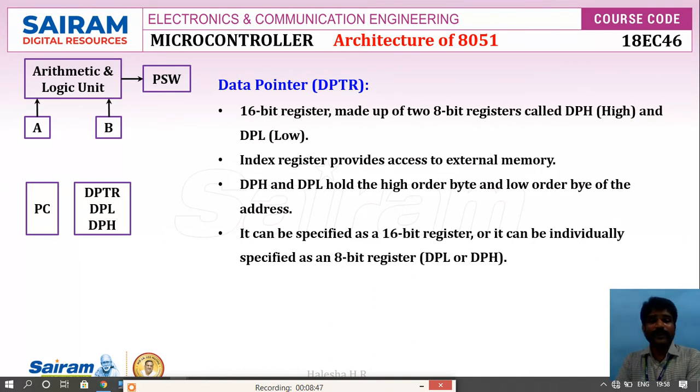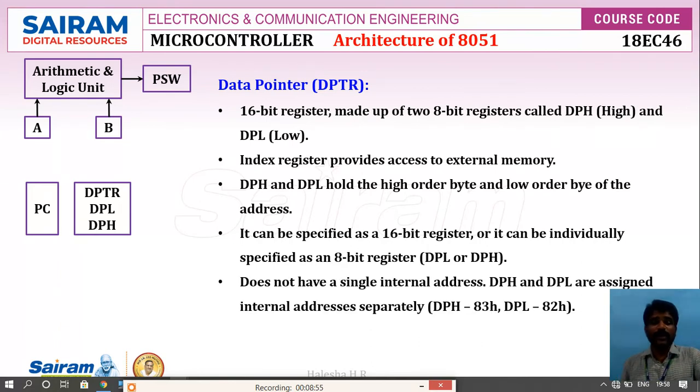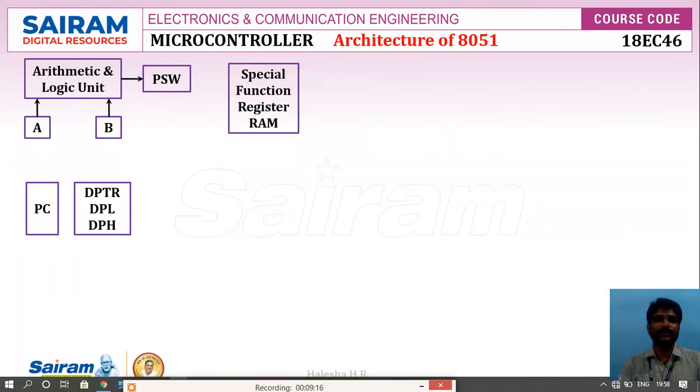So it can be specified as a 16-bit register, or as an 8-bit register, DPH or DPL. And this is the only register that has two addresses. Remember, DPTR doesn't have a single address. It has two addresses. One is for DPH, that is 83H, and another one is for DPL, that is 82H. So this is about the data pointer.